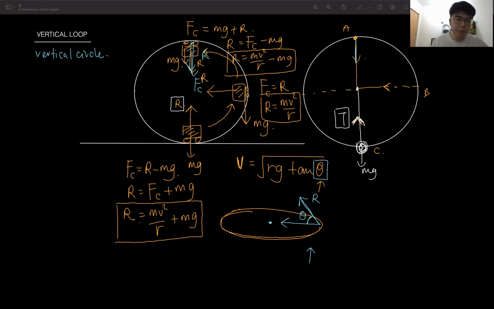But for this one, vertical, up here, the reaction force is on the same plane as the centripetal force. So the angle between them is 0. Same for this one, here, here, here, and here. Okay, so something to take note of for this one.